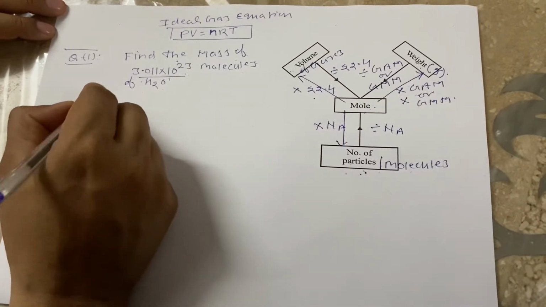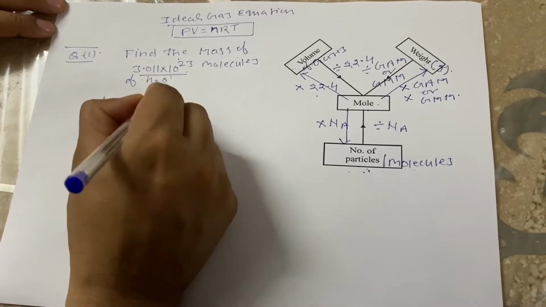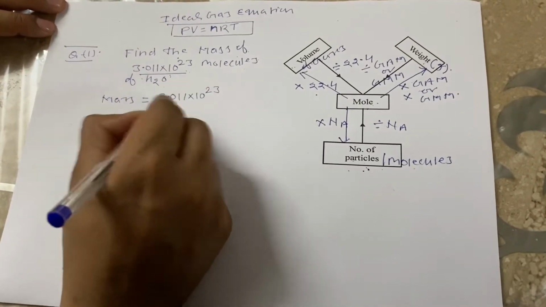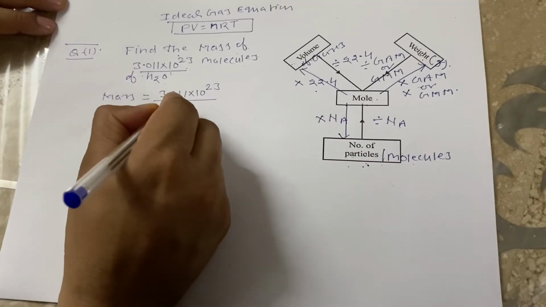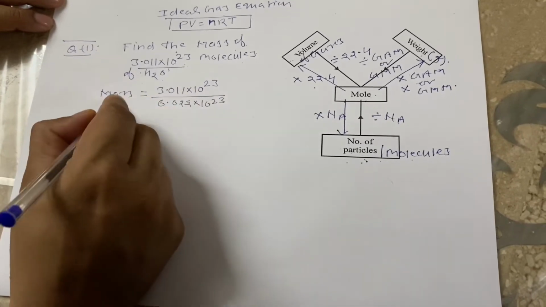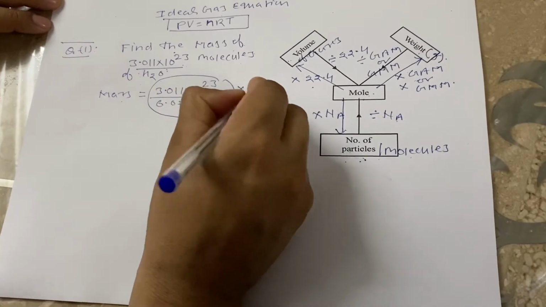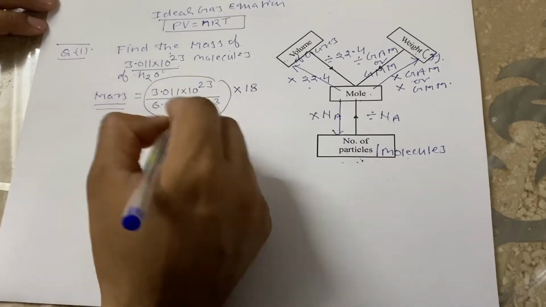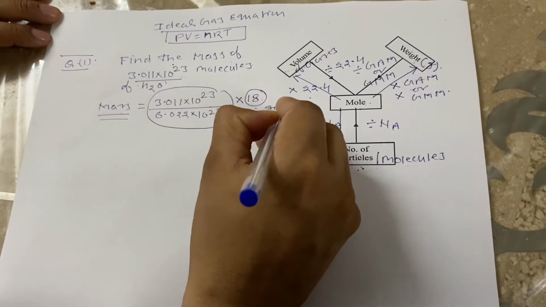So 3.011 into 10 to the power 23 divided by Avogadro's number, which is 6.022 into 10 to the power 23, gives the moles. Now this is multiplied by 18, which gives the mass: moles into molar mass in gram.